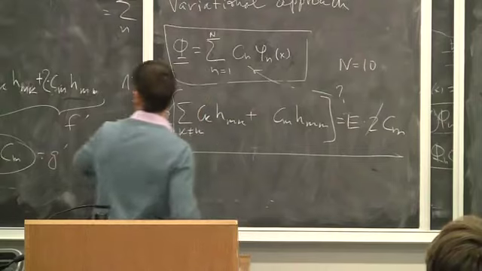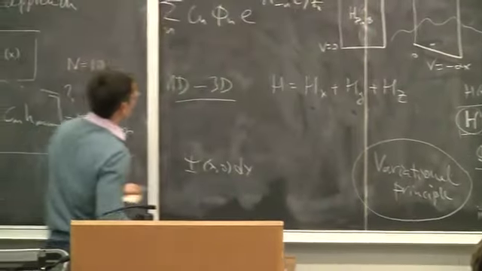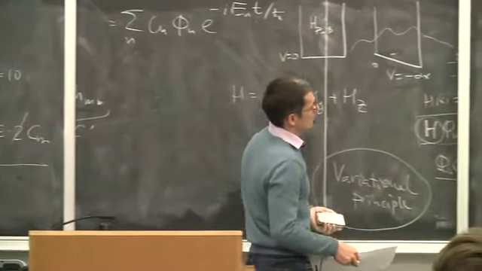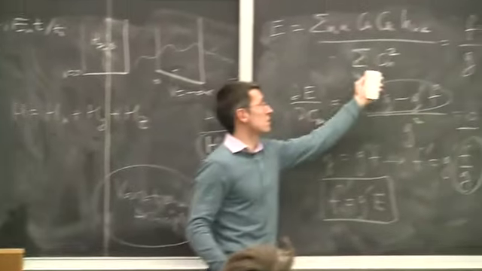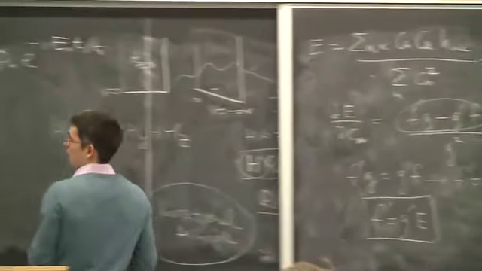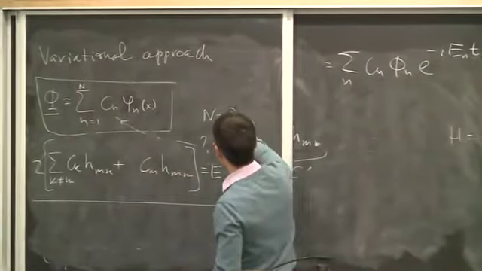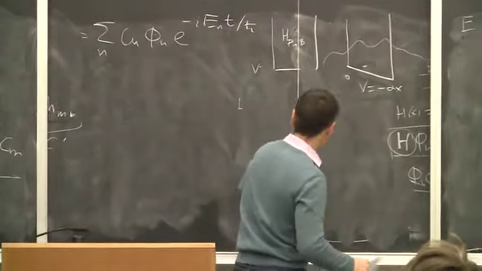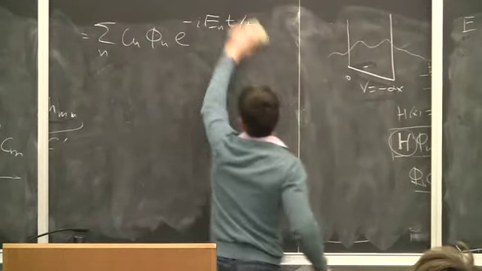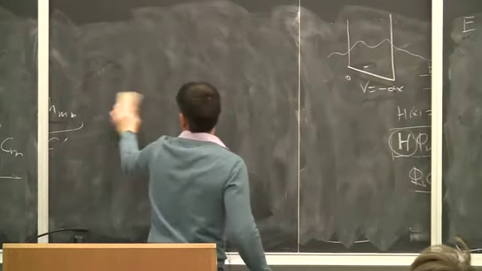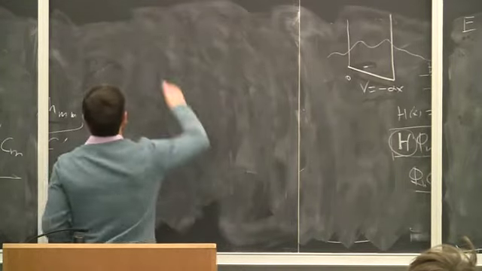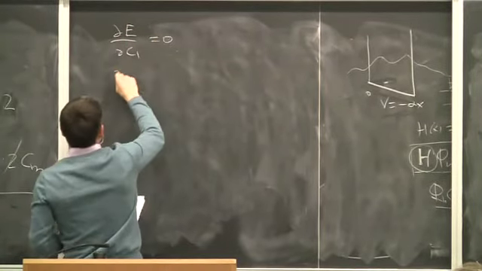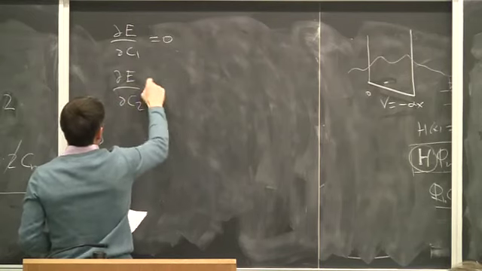The solution I will illustrate on the situation where, for simplicity, I consider only two terms in this whole summation for the phi. So big N will be just 2. All right. Then we'll have two equations, dE dC1 equals 0 and dE dC2 equals 0.